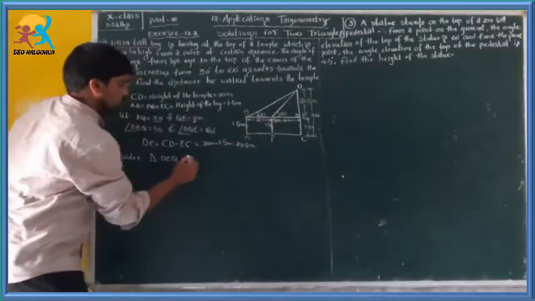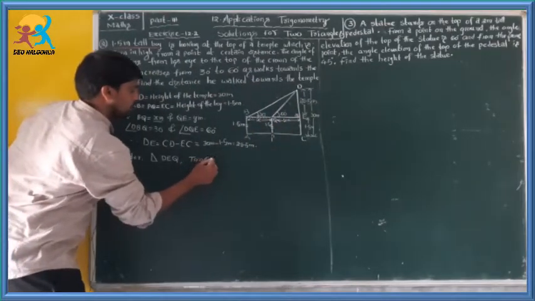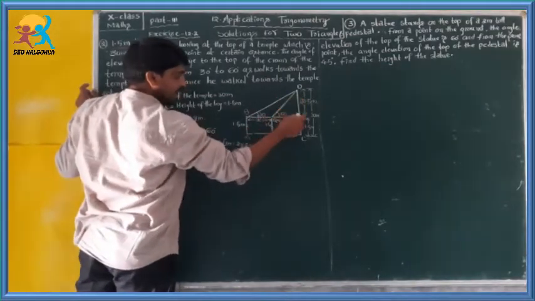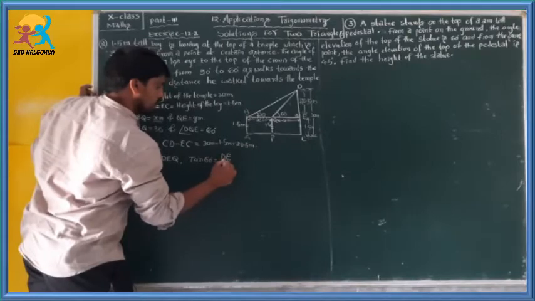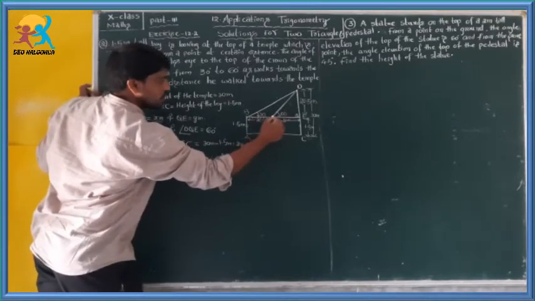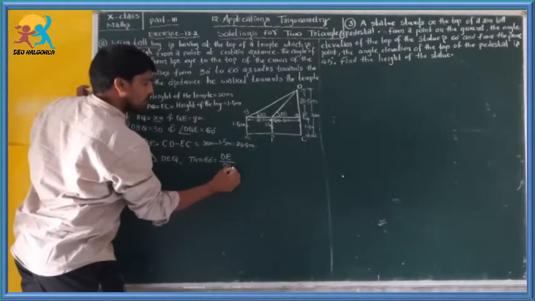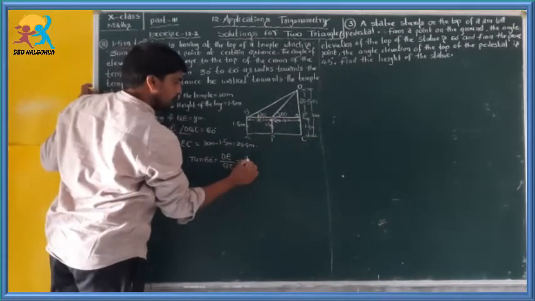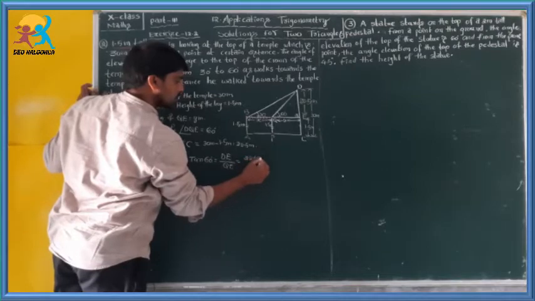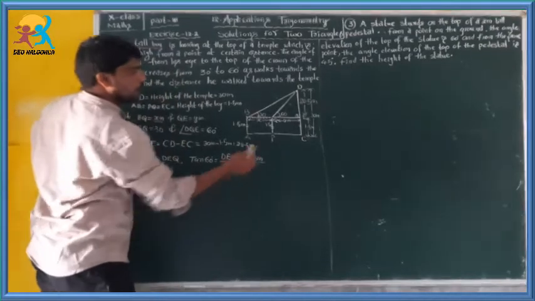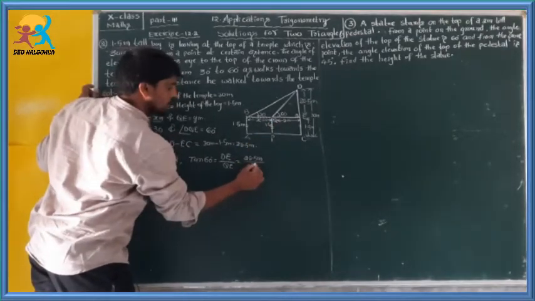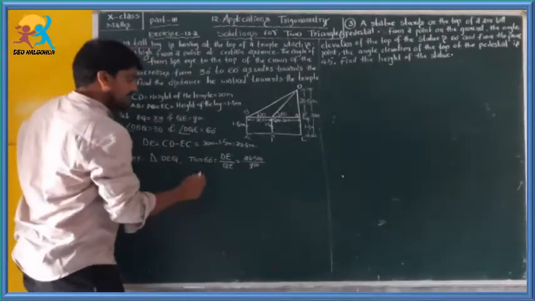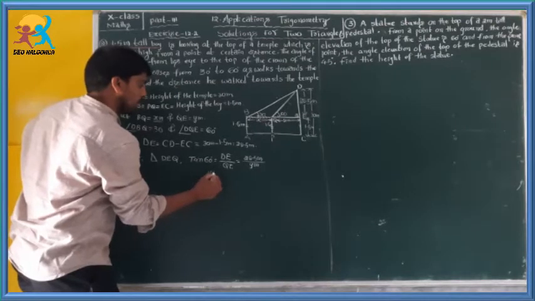Tan 60 equals opposite to 60 degree, which is DE, by adjacent to 60 degree, which is QE. Substitute the value of DE. DE is nothing but 28.5 meters, by QE, which is y meters. But the tan 60 value is root 3.